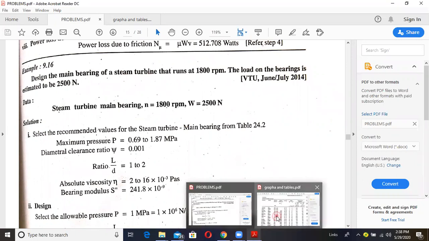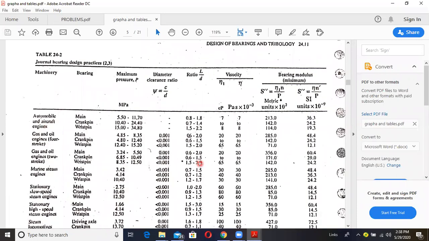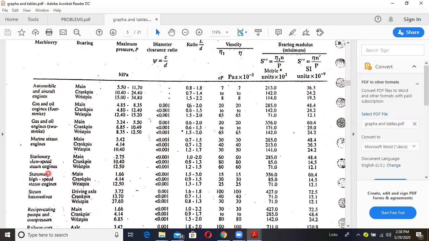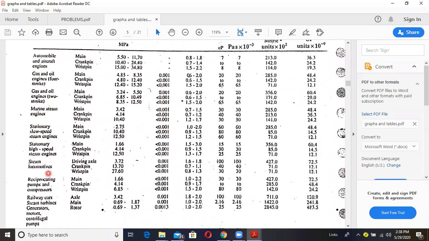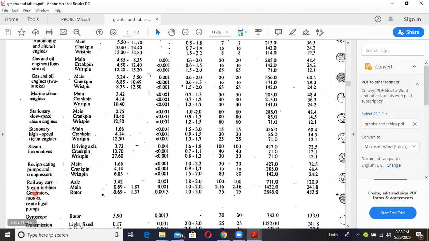See where we will get steam turbine. Here we are having automobile, aircraft, main steam engines, locomotives, pumps. Still here we are having railway cars, steam turbines, generators, motors, centrifugal pumps. So here we are having steam turbine.